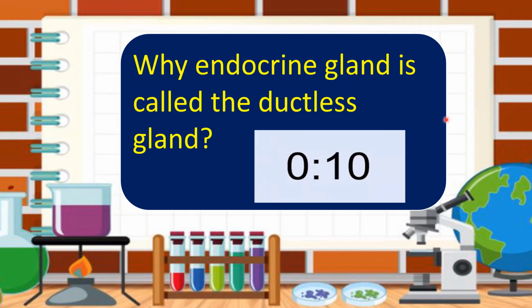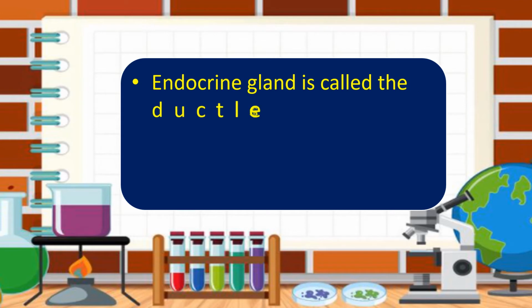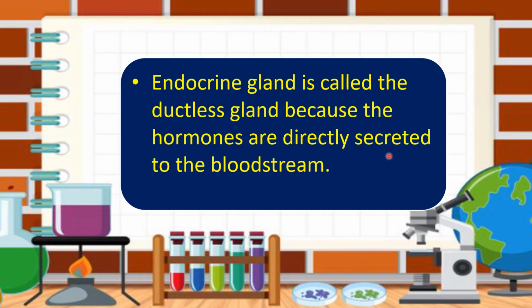Okay, time's up. So this is the answer: because the hormones are directly secreted into the bloodstream. There's no tube where the hormones are going to pass through because it is directly secreted into the bloodstream.